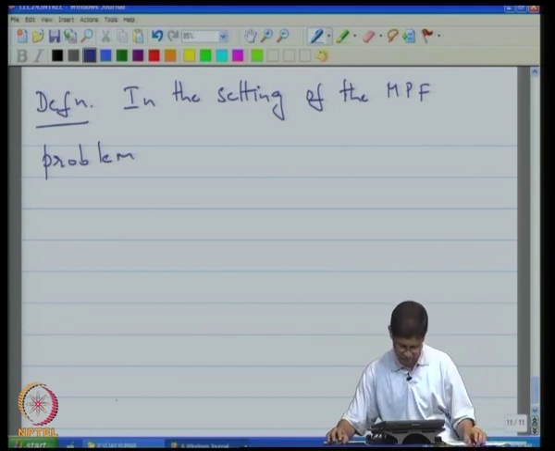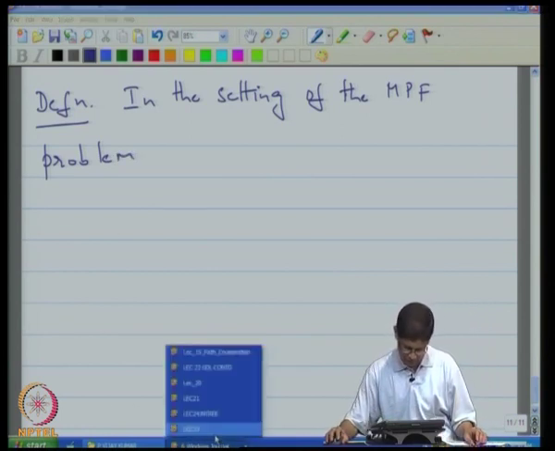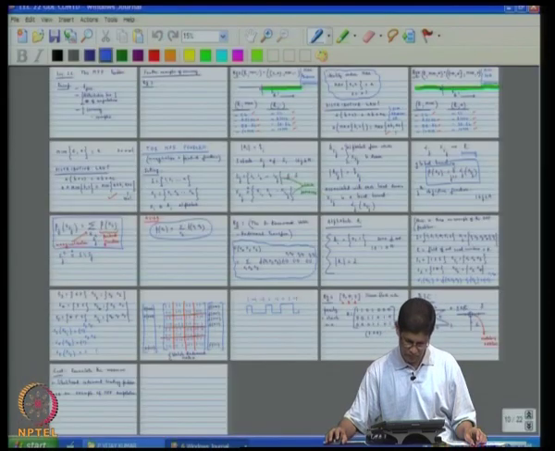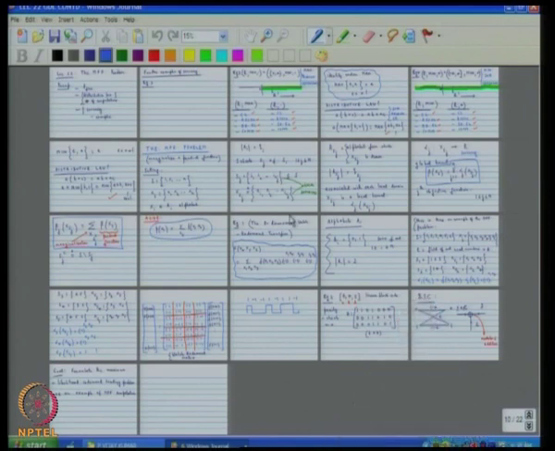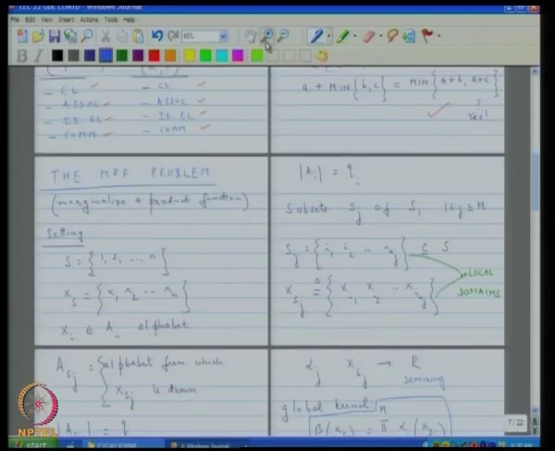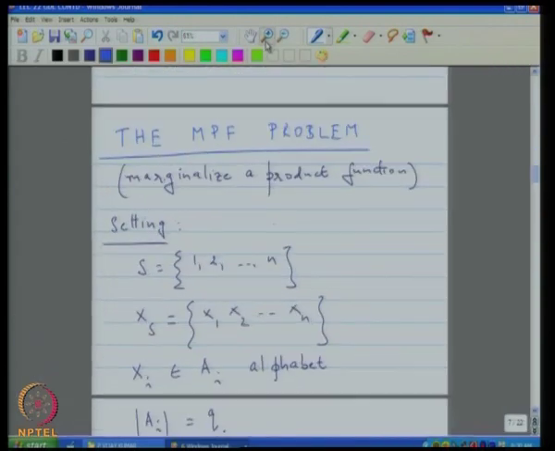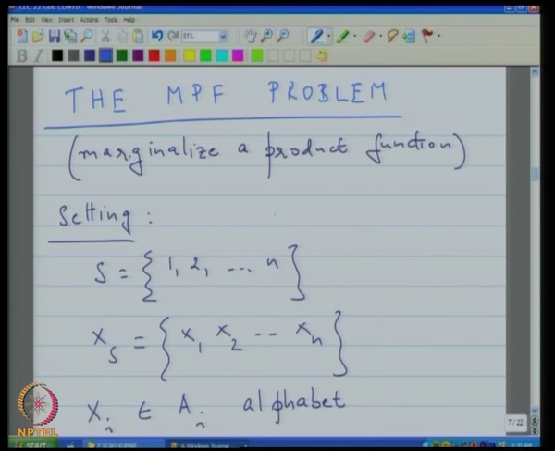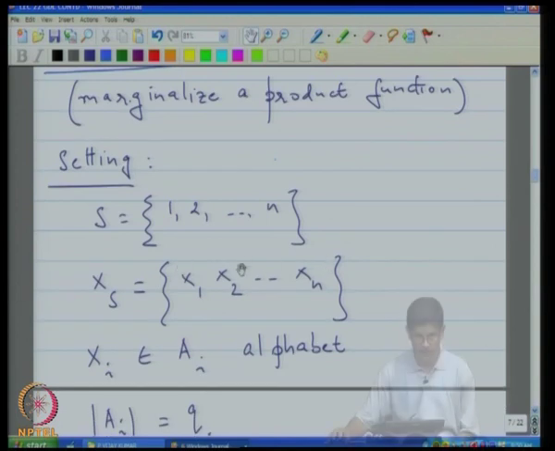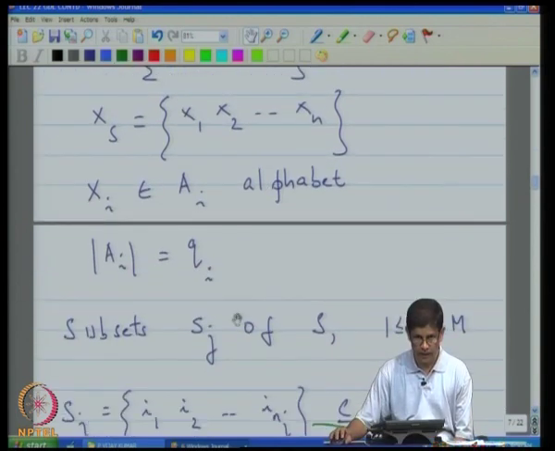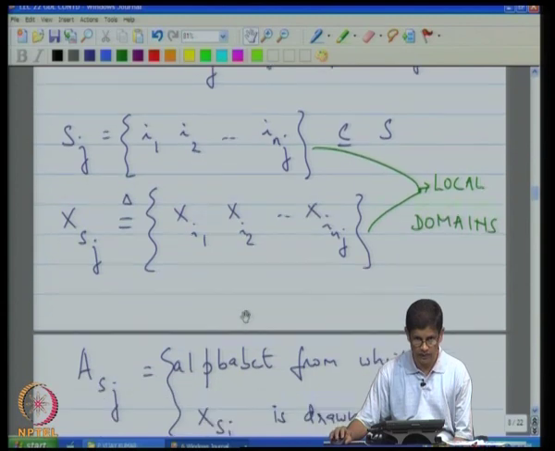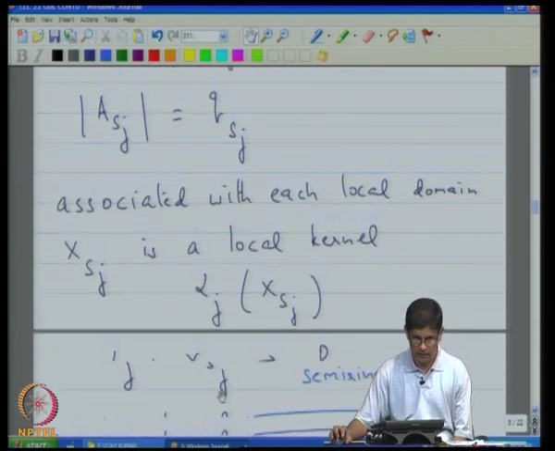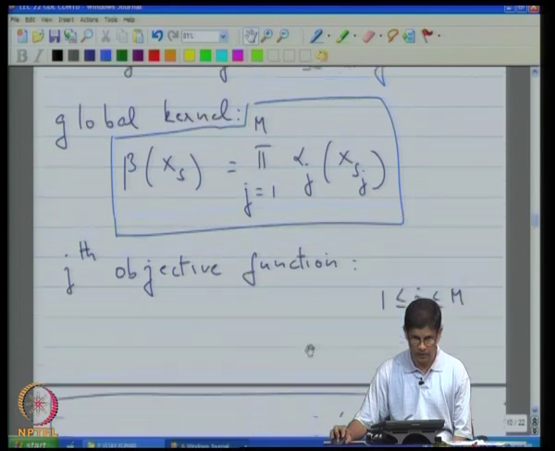So, let us quickly review what we mean by that. The setting of the MPF problem, from a couple of lectures ago, was where you had a universal set of variables and subsets which we call local domains, and you had local kernels, global kernels, and so on.